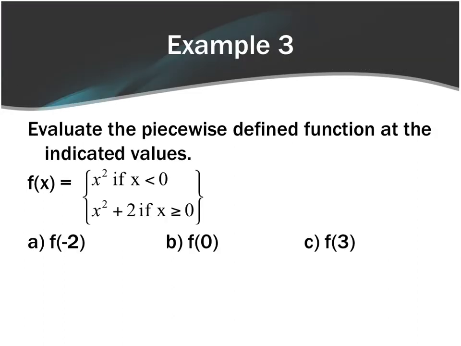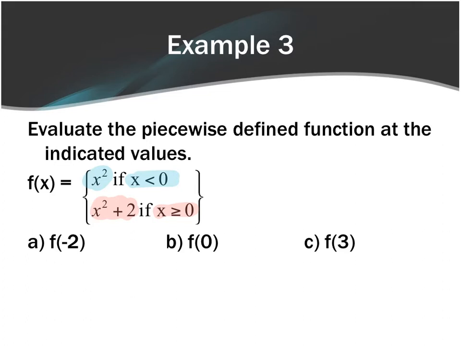It says evaluate the piecewise defined function at the indicated values. So notice that I have two different options for f of x. It's saying f of x is x squared if the value I'm plugging in is less than 0, and f of x is x squared plus 2 if the value I'm plugging in is greater than or equal to 0.